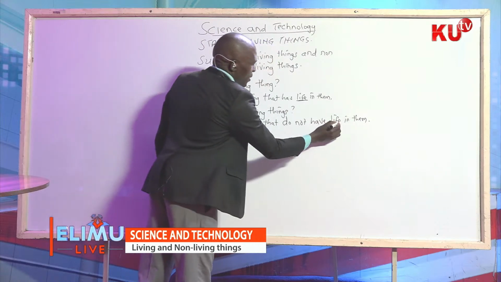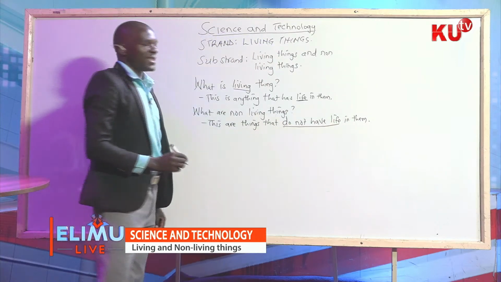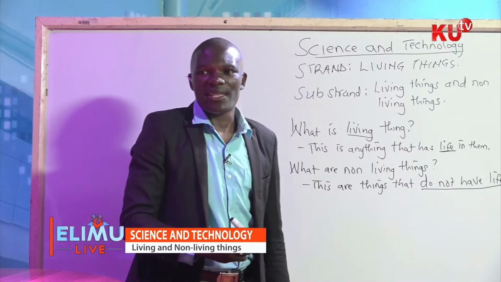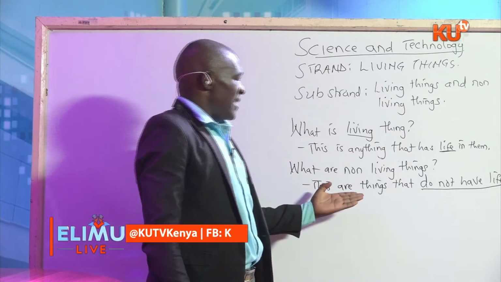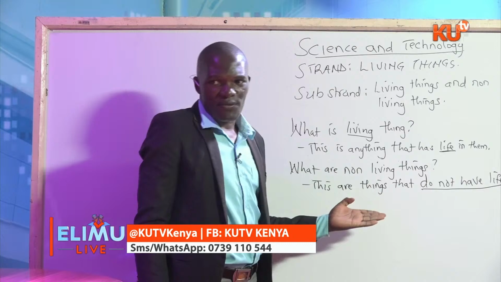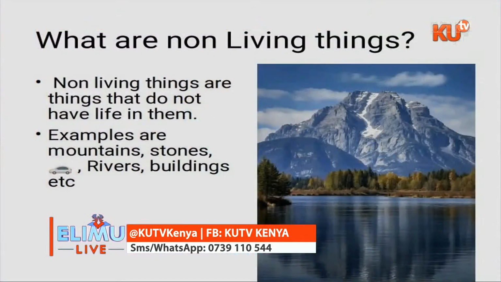Those are what we call non-living things. Non-living things simply means that these things do not have the power to live. They do not have the power to breathe. They cannot move. So that is why they are called non-living things.